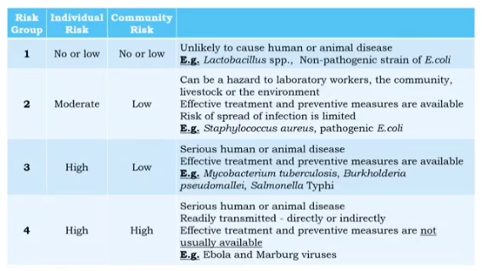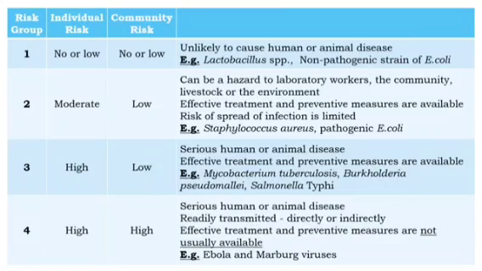Risk Group 1 organisms have low or no risk to the individual handling it and the community. They are unlikely to cause human or animal disease. Examples are Lactobacillus species and non-pathogenic strain of E. coli. Risk Group 2 organisms have a moderate risk to the individual and a low risk of transmission to the community.